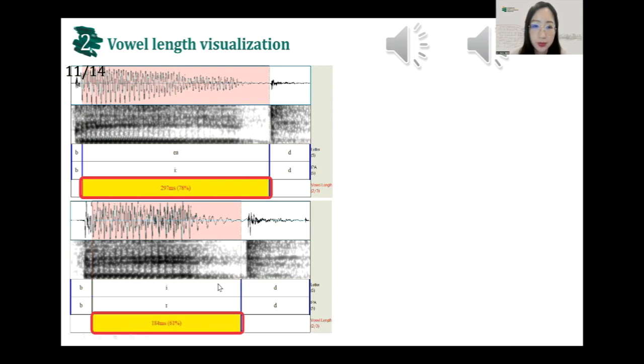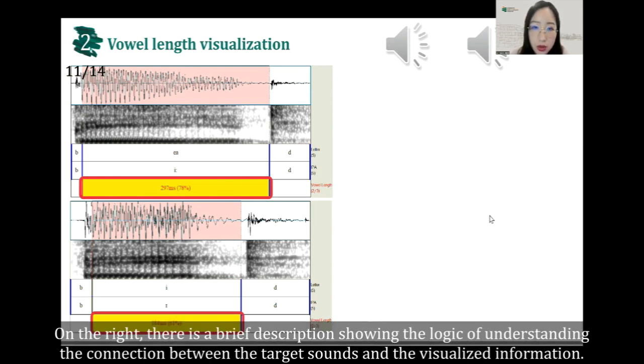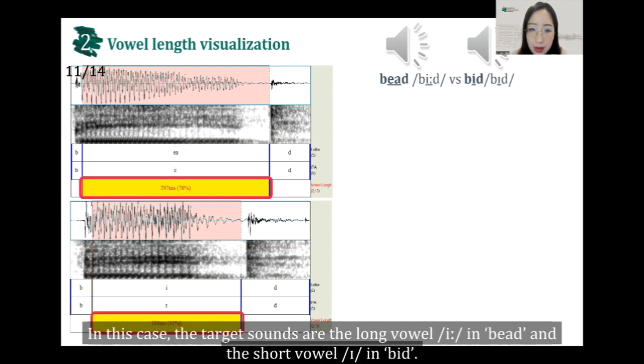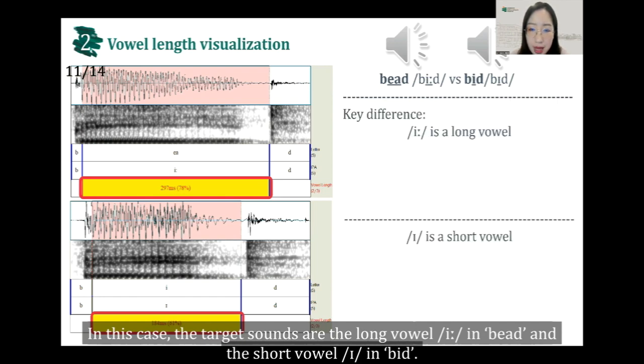On the right, there's a brief description showing the logic of understanding the connection between the target sounds and the visualized information. Here's an example of how you understand the logic step by step in the training tasks later. In this case, the target sounds are the long vowel E in bead and the short vowel I in bid.